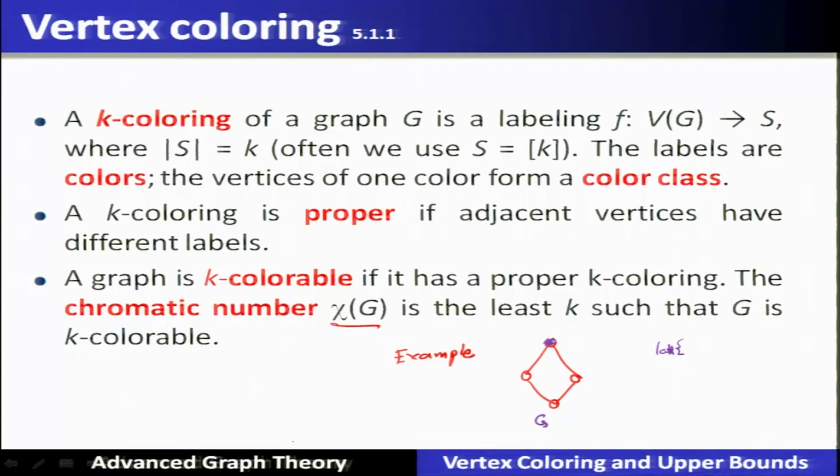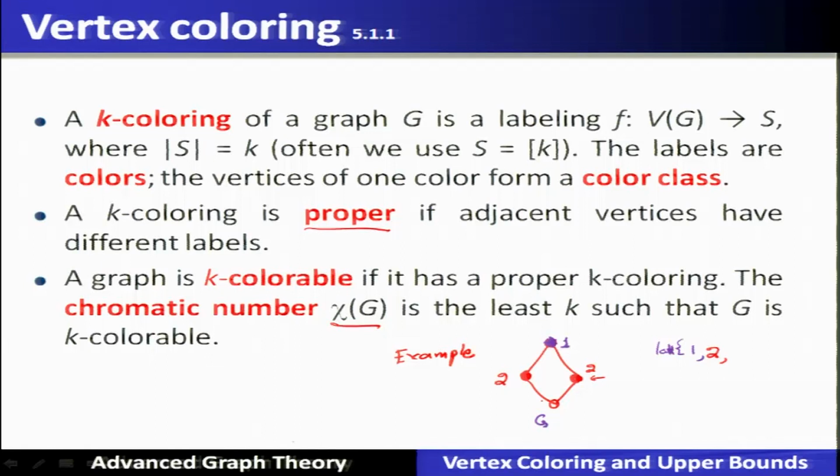For example, if we color this vertex with label 1, then these two adjacent vertices cannot receive the same color. So let us give it another color and call it 2. This vertex can also be colored with the same color 2, and yet it is a proper coloring.